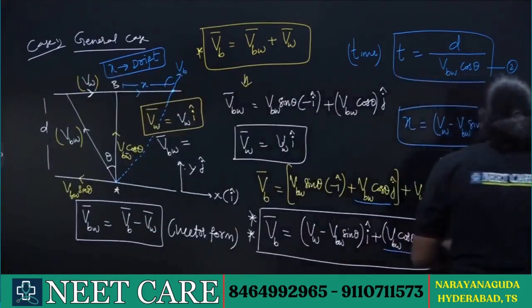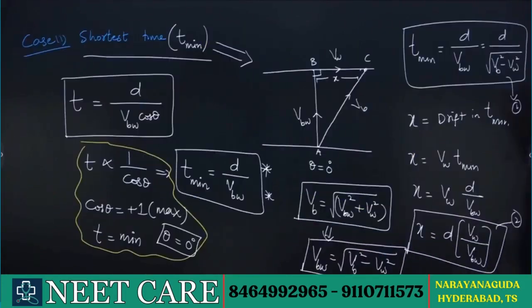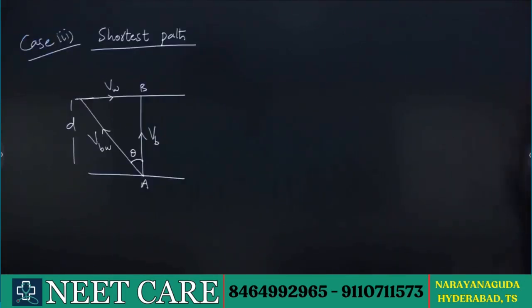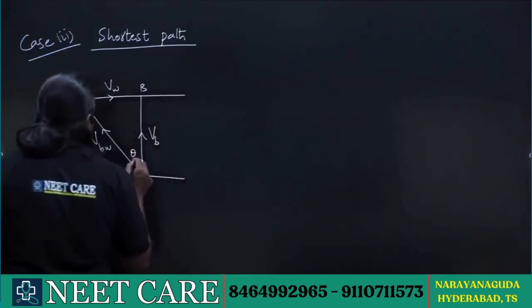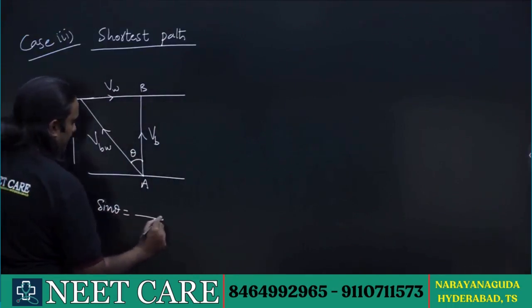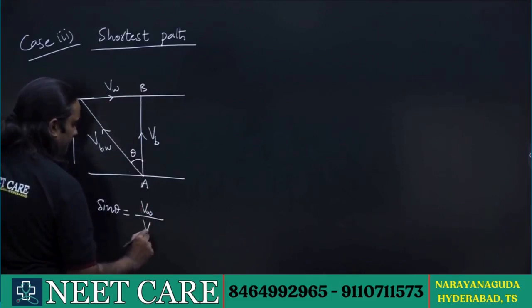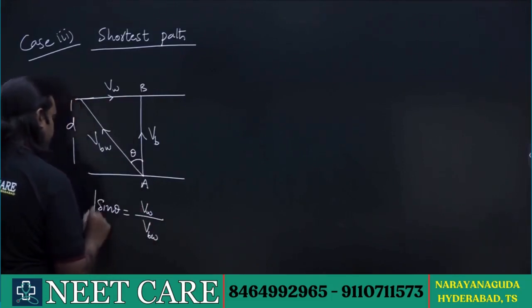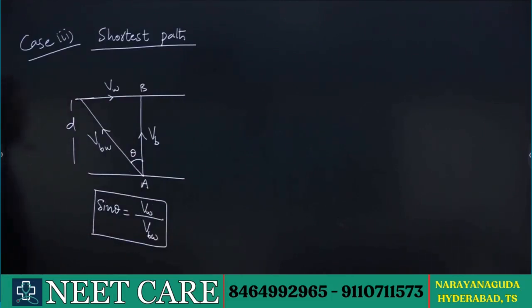Clear? From the general case you can simplify. Otherwise also, not an issue, if you take the present case of shortest path, here also you are going to get the same thing. If you calculate sin theta in this triangle, you will get VW by VBW. This is the sin theta value: velocity of water by VBW.